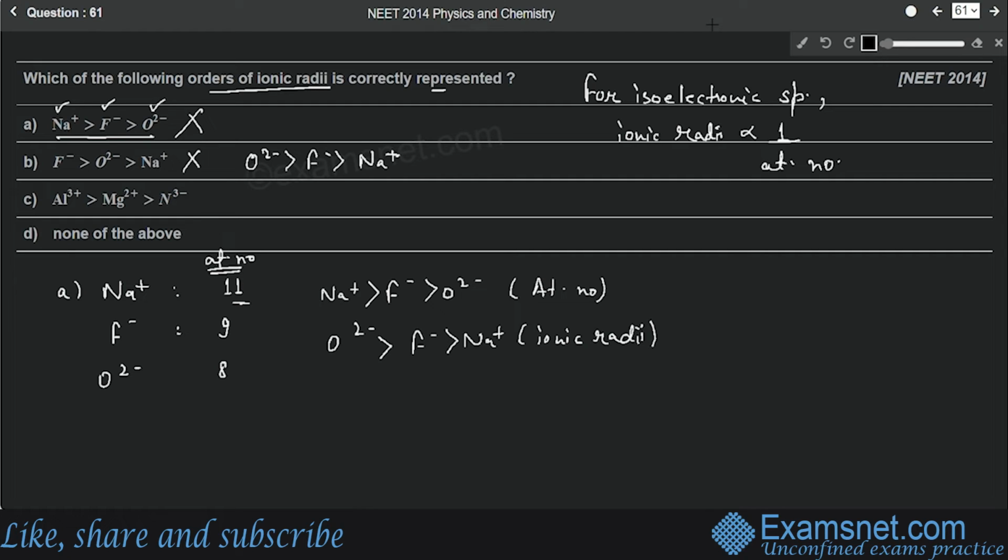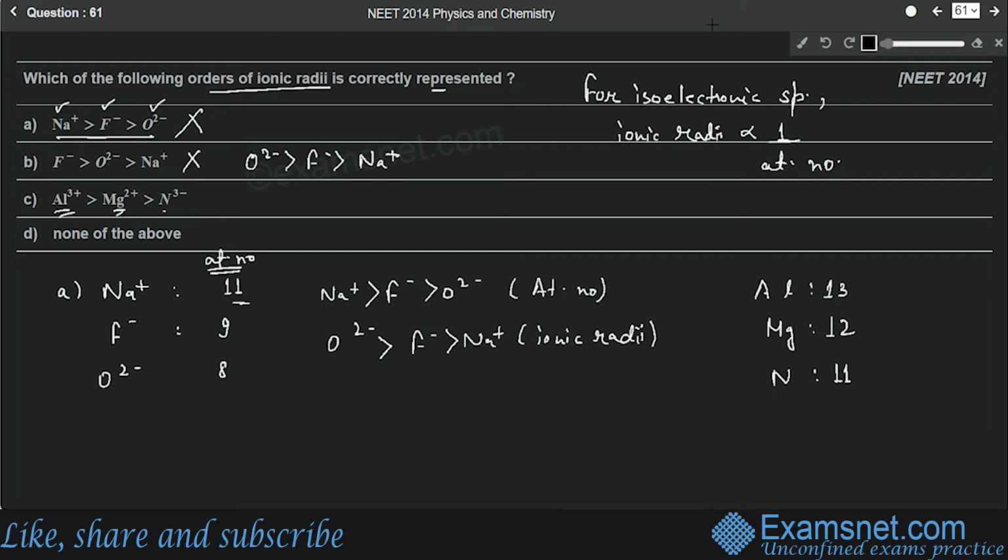Now let's come to the third one. So in this option we have Al3 plus ion, then Mg2 plus and then N3 minus. What is the atomic number of aluminium? So the atomic number of aluminium is 13. Then the atomic number of magnesium is 12 and the atomic number of nitrogen is 7.